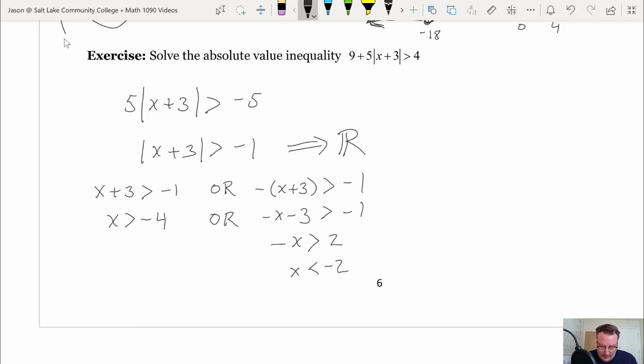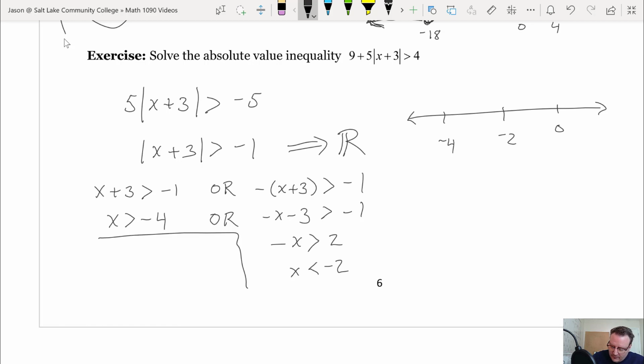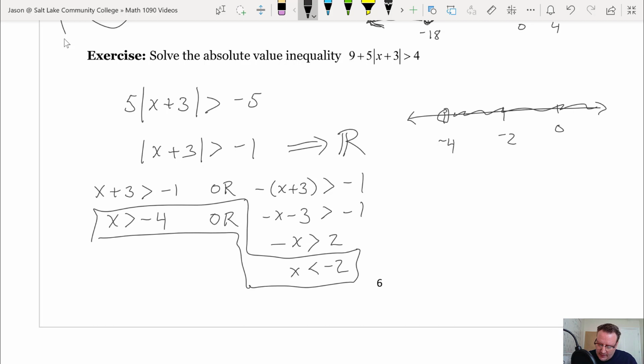Okay. So let's see here. Let's graph these on a number line. Here's 0, here's negative 2, here's negative 4. So remember our solution was x is greater than negative 4, so that would be this portion of the number line, or x is less than negative 2, so that would be this portion of the number line.